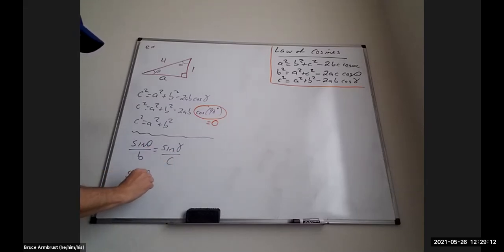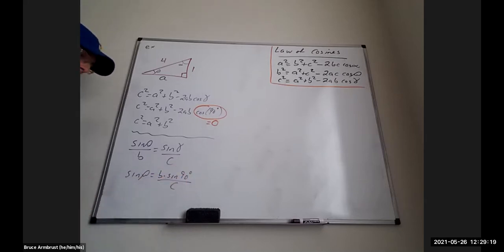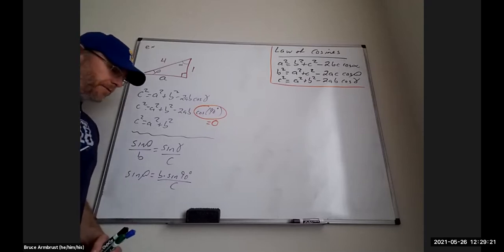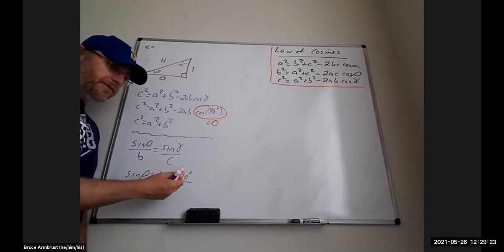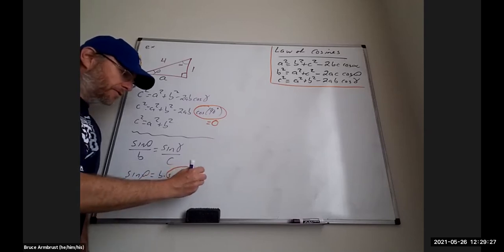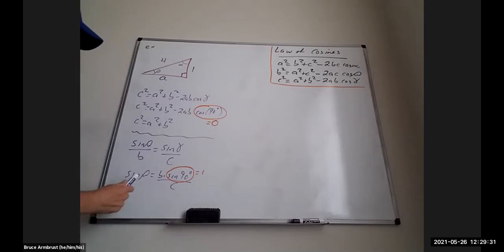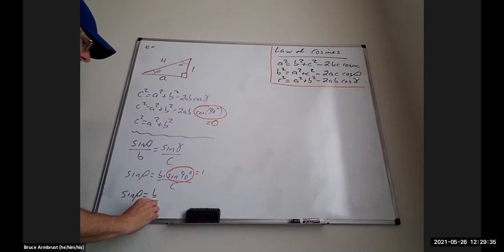So we're going to get sine of beta is equal to b times the sine of 90 degrees over c. Well, just like before, we know sine of 90 degrees, or sine of pi over 2, equals 1. So this tells me that the sine of beta is equal to b over c.